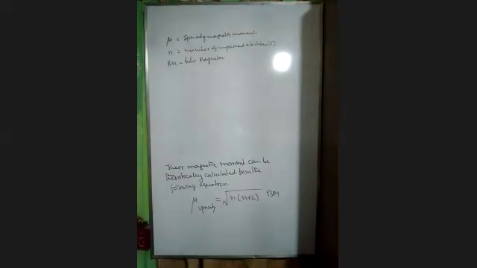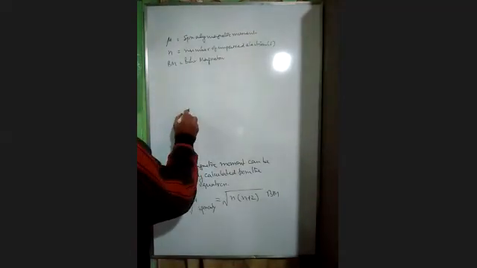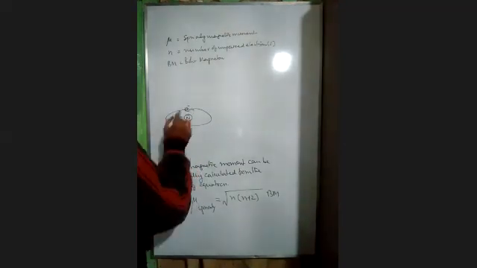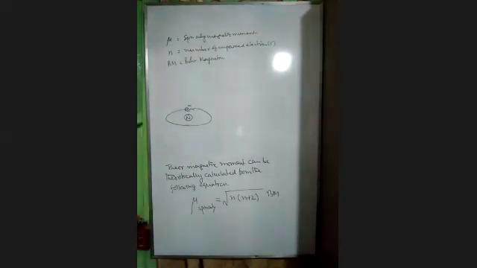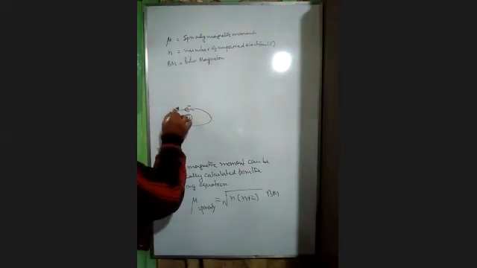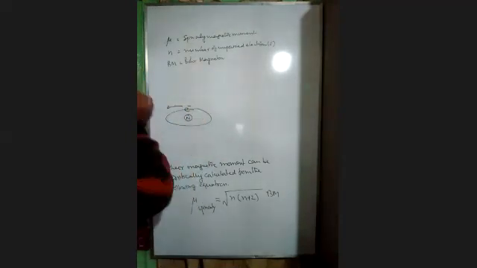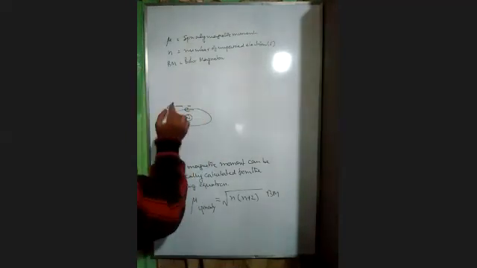This I already told you. Okay. See here. This is the nucleus and here this is the electron. Any electrically charged particle, whether it is an electron or proton, when they have a circular motion, then they generate a magnetic field. Now we know that electrons move in the orbit. So when it moves in the orbit, it generates a magnetic moment.